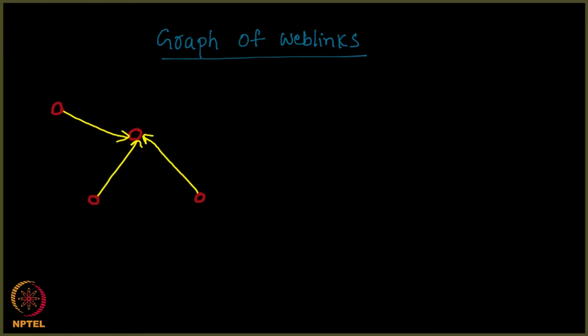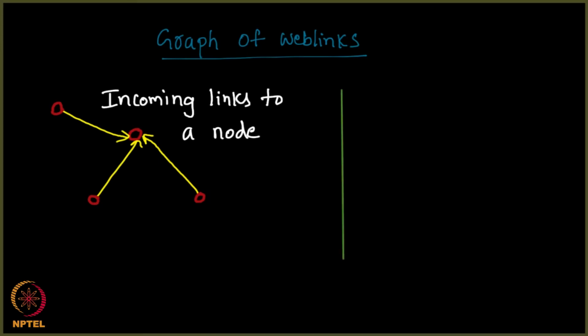These are all the web pages from where there is a link put to this page. So these are the incoming links to a given node, right? Here the incoming degree is 3. That's called the degree.